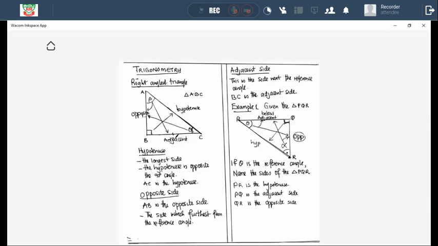Now, QR and PQ are meeting at 90 degrees. Always the opposite and the adjacent meet at 90 degrees, right? And opposite and adjacent change. Once you change the reference angle, their position is also going to change. But the hypotenuse does not change. The hypotenuse stays the same.